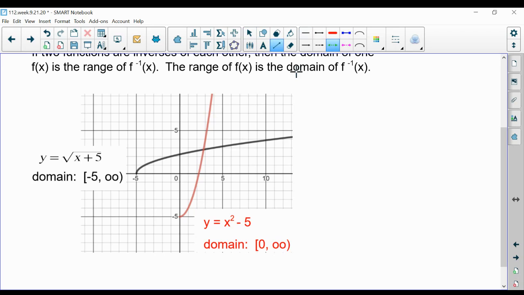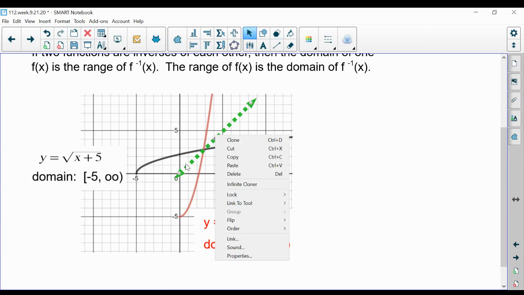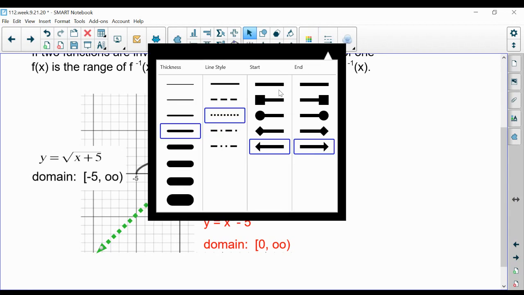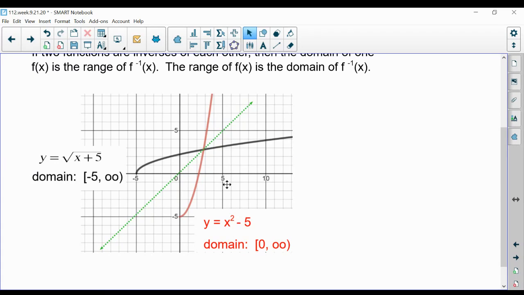And finally, they are symmetrical along the line y equals x. They are completely symmetrical because when you switch x and y, all the ordered pairs switch. So for example, it looks like 11, 4.